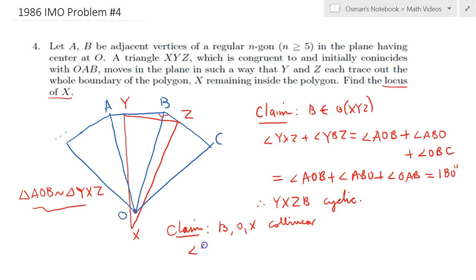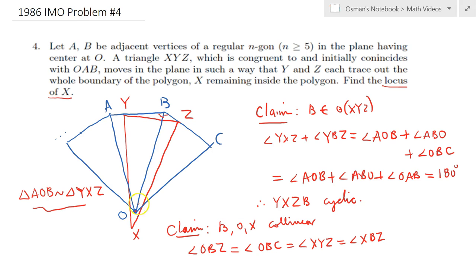So obviously angle OBZ is equal to angle OBC, but we know angle OBC is equal to angle XYZ, and angle XYZ is the same thing as, because we have this cyclic quadrilateral, angle XBZ.